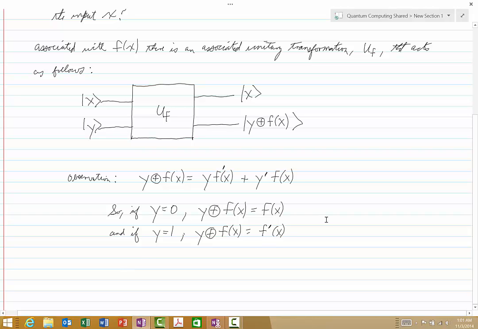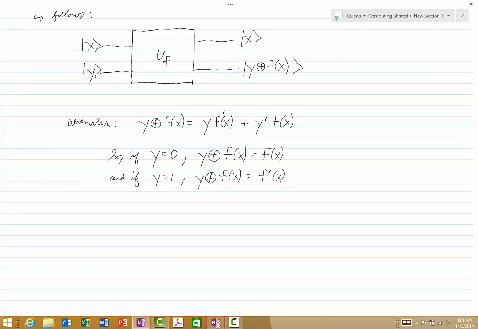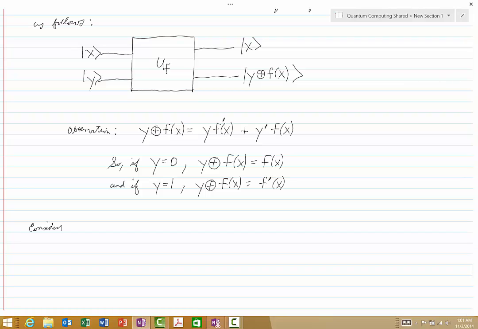So now that we've made these two observations, let's consider the following. Let's think about this unitary transformation acting on the state plus minus. Oh, and I actually want to make one more observation before we proceed.